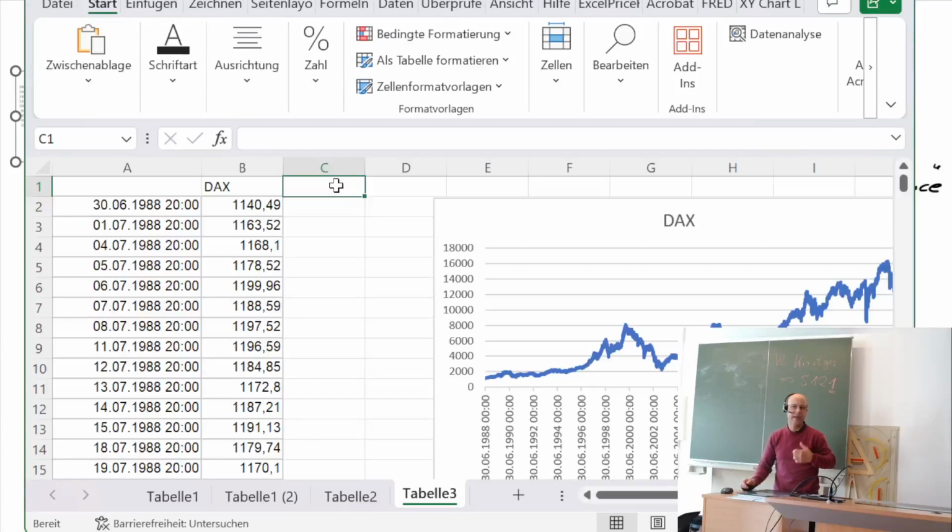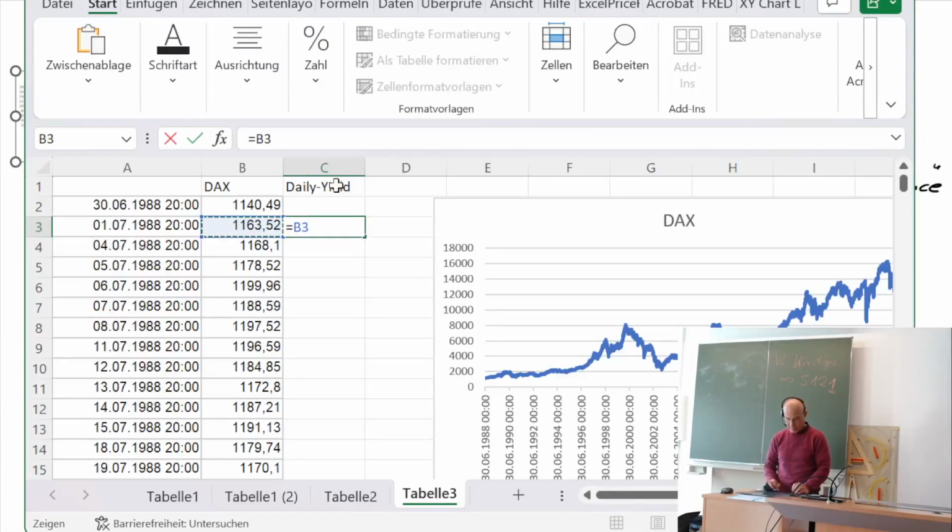At the Bundesbank, we had monthly data, and now we are calculating just the daily yield of the DAX. Daily yield. This would be just the growth rate, so the value divided by the former value minus 1. And in order to have it in percentage, I multiply this by 100.